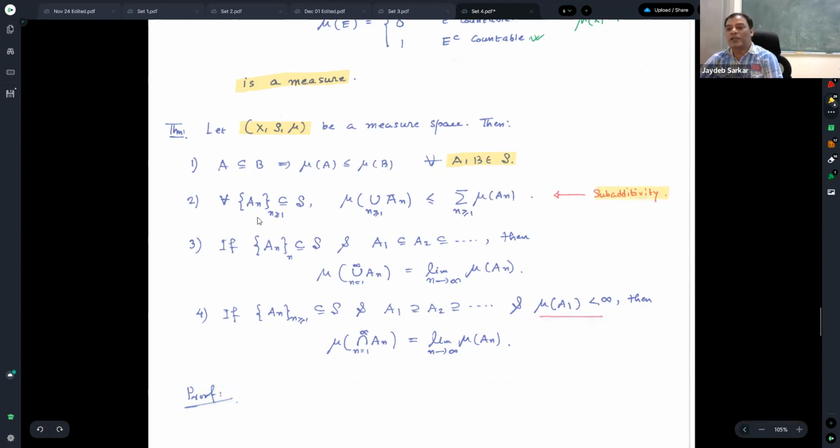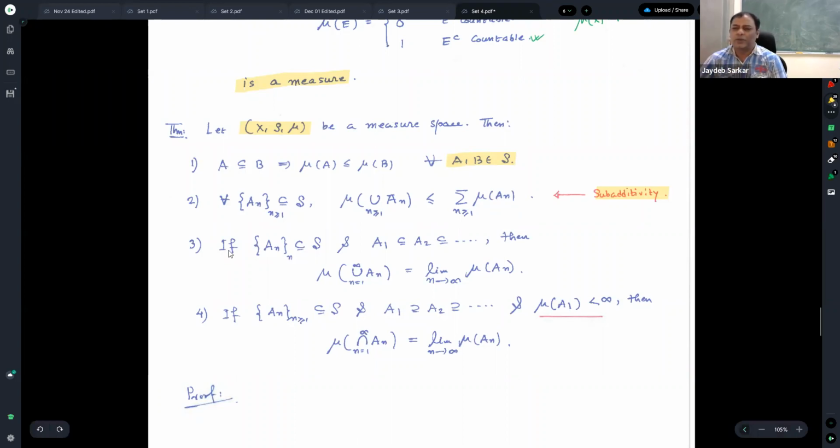That means if you take any sequence of measurable sets, in that case, mu of the union of A_n is less than or equal to the sum of mu of A_n. Remember, this is actually equality if your A_n are mutually disjoint, right? But in general, it is less than or equal to the sum of mu of A_n. Third property.